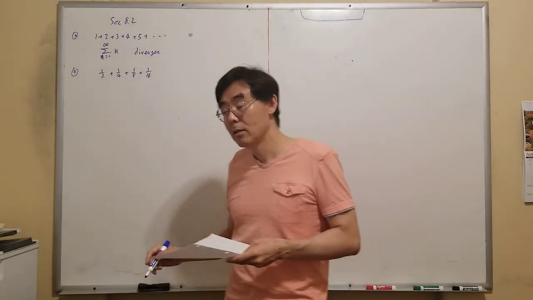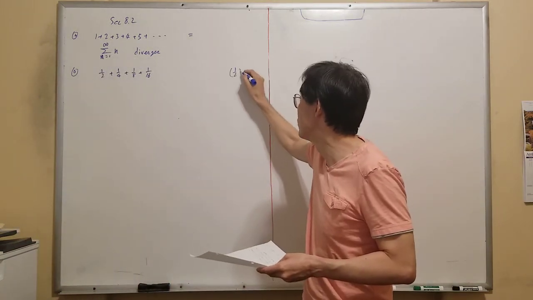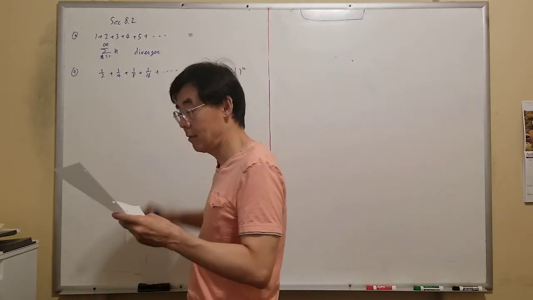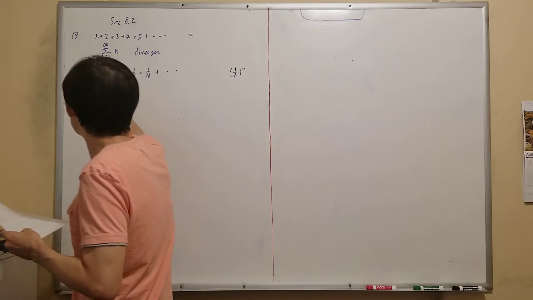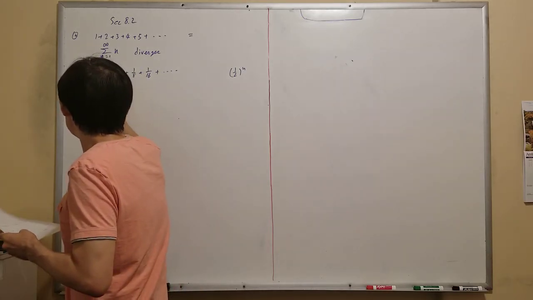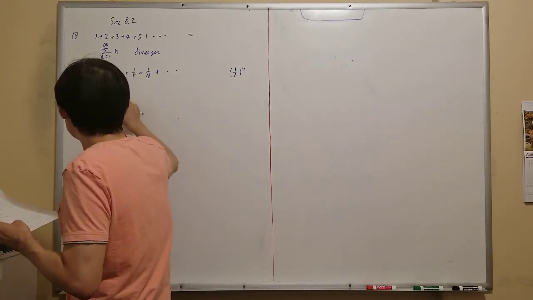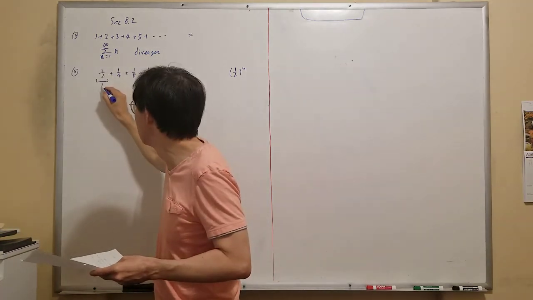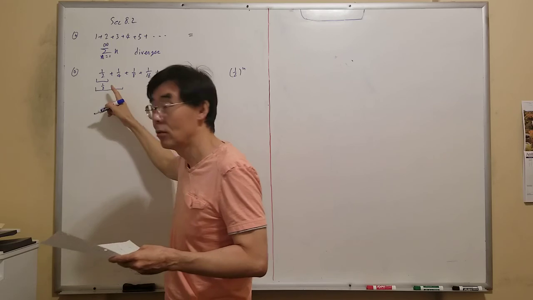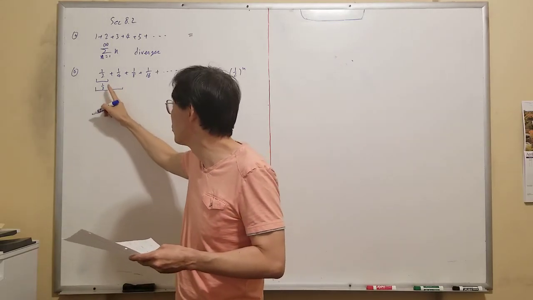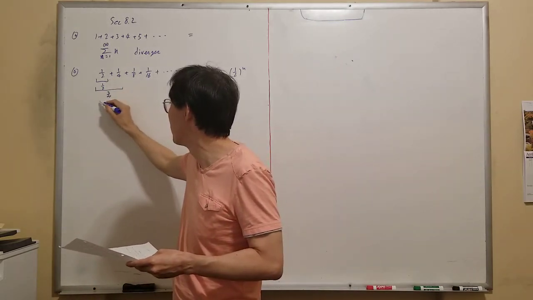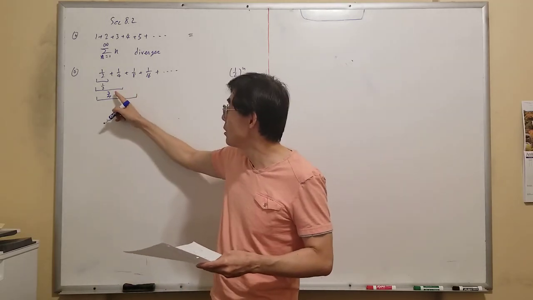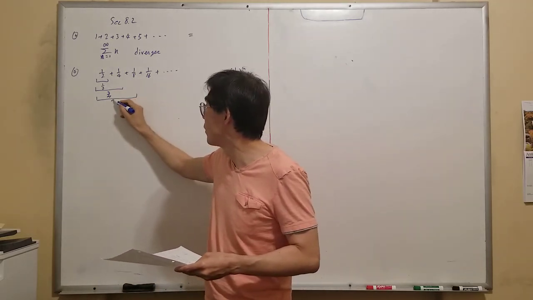1/2 to the n, or 1/2 to the nth power. If you keep adding, what happens? Well, S1, the sum of the first term, is 1/2. The sum of the first two terms is 3/4. 3/4 plus 1/8 is 6/8 plus 1/8, 7/8.